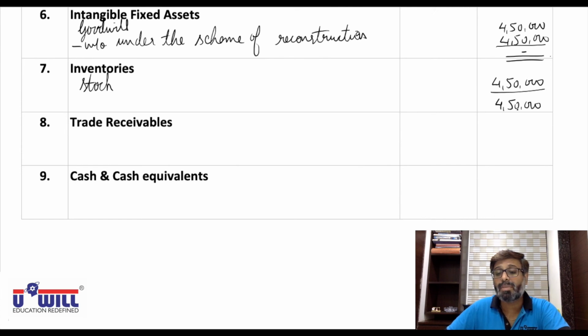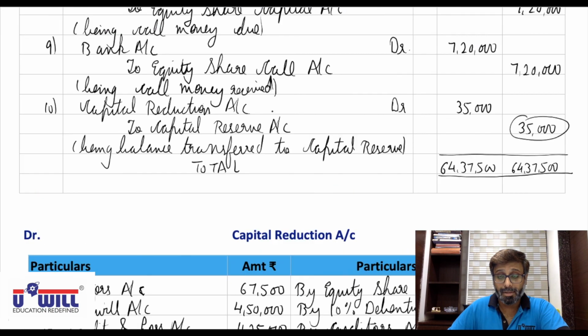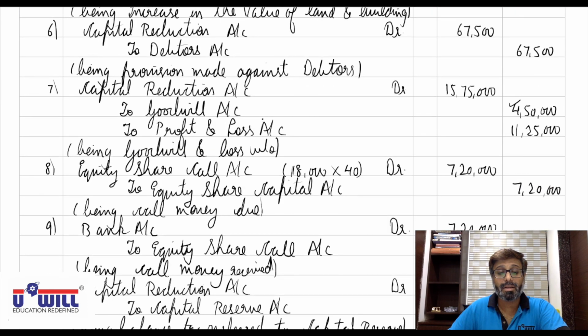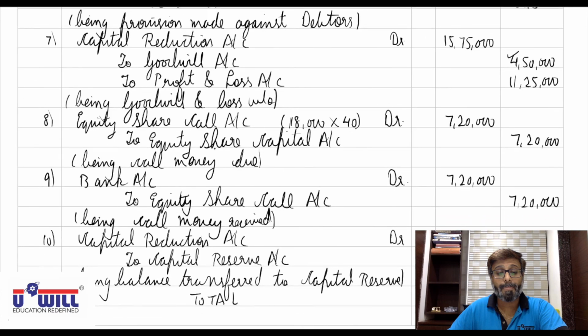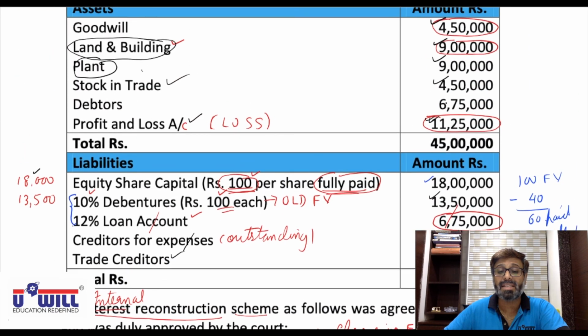Then trade receivables, we have debtors. In debtors, we made a provision of 67,500. You all can see in this adjustment number 6, we made a provision of 67,500 that we will minus from debtors.